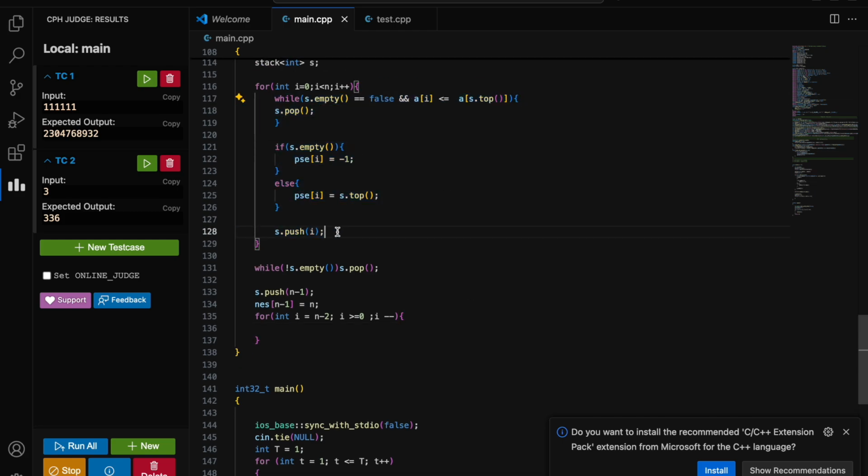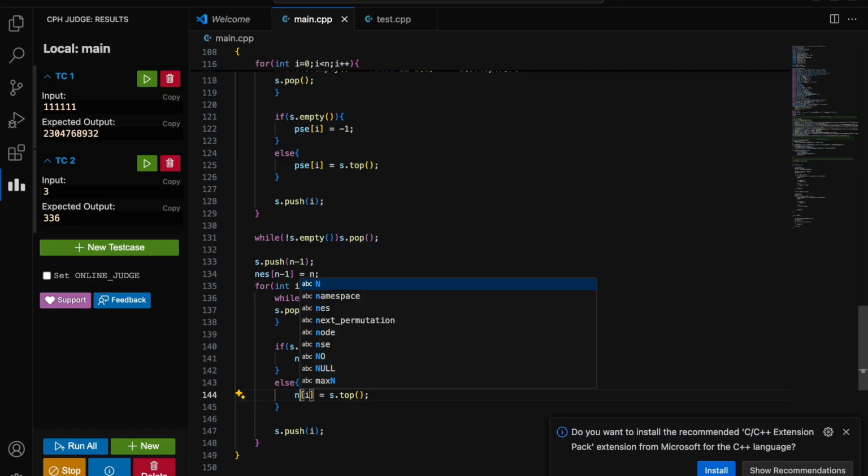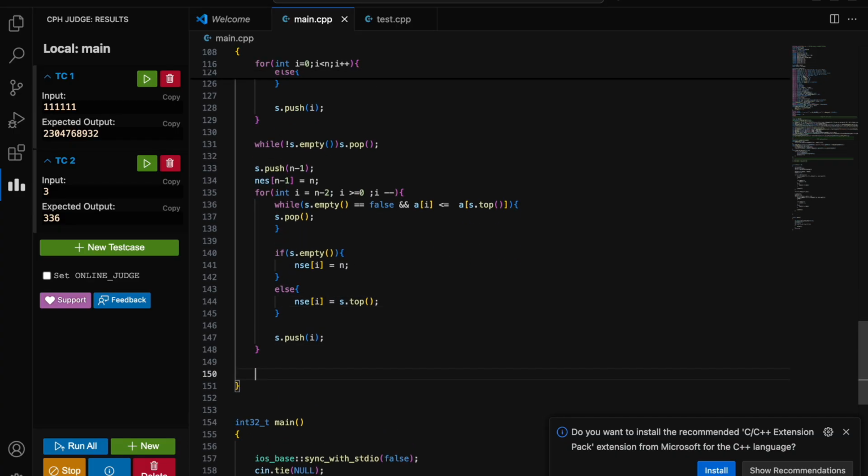Let's copy the above part and paste it there. If the stack is not empty and a of i is less than s.top, then we would be popping it. If the stack is empty, NSE of i would be equal to n, else NSE of i would be equal to s.top. And now let's find the area.